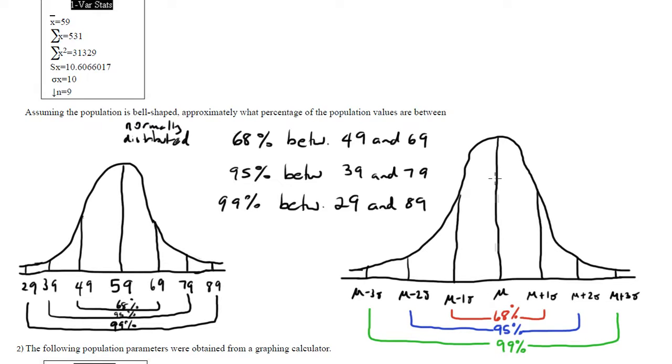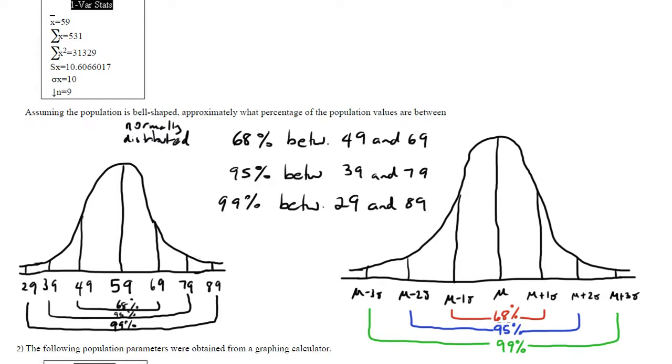So if I asked you what percentage of values are less than 59, that's exactly 1/2 of this normal distribution. So you'd say 50% are less than 59, 50% are greater than 59. You can do more. I'll just mention it, but I won't go too deep. 68% are 1 standard deviation away, right?